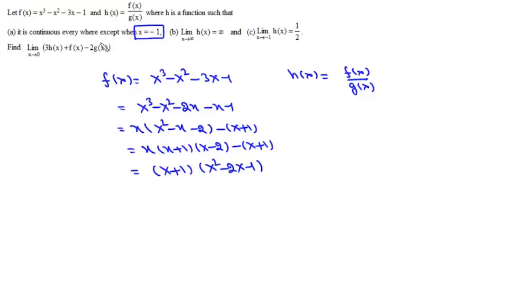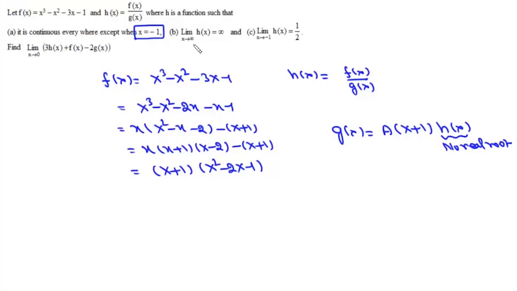Now it says this h(x) is continuous everywhere except when x is equal to minus 1. Now if it is continuous everywhere except at minus 1, that means this g(x) must contain one of the factors x plus 1, and then there will be some function h(x) which has no real root. Only then this function will be continuous everywhere except at x equals minus 1.